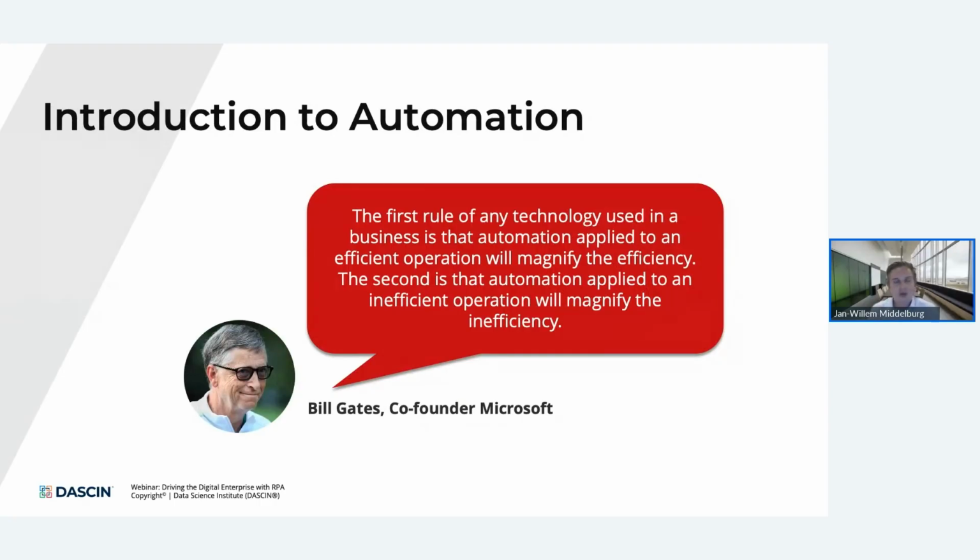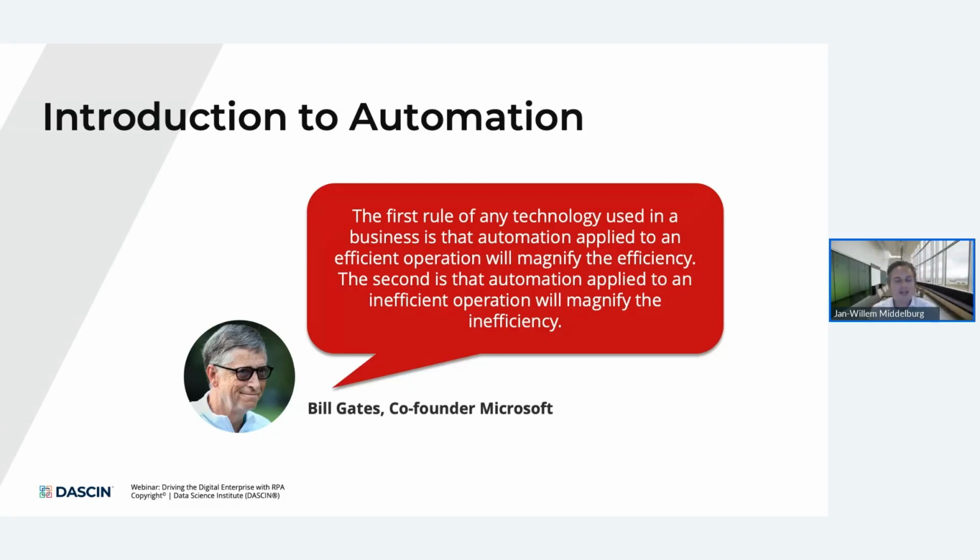But let's get started with some of the most fundamental basics. I always like to start a discussion around automation with a guy that knows a thing or two about automation: the co-founder of Microsoft, who has a very famous quote that says, "The first rule of any technology used in business is that automation applied to an efficient operation will magnify the efficiency, whereas the second rule is that automation applied to an inefficient operation will magnify the inefficiency."